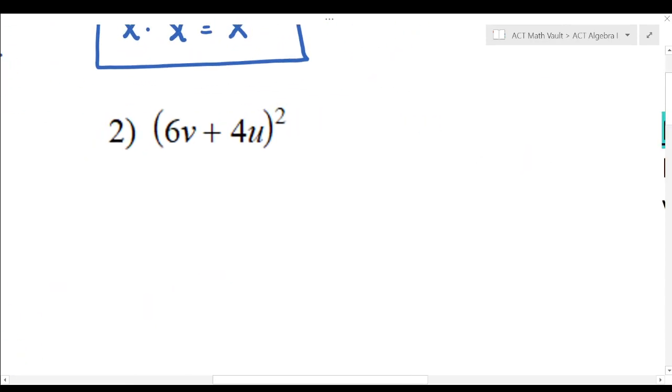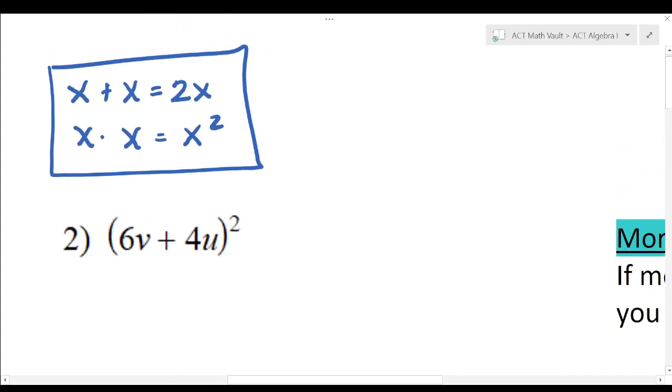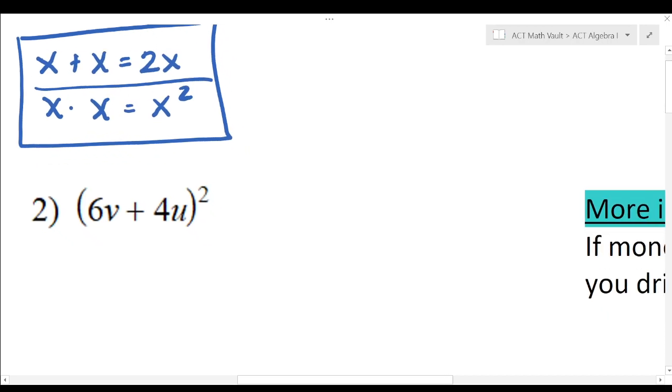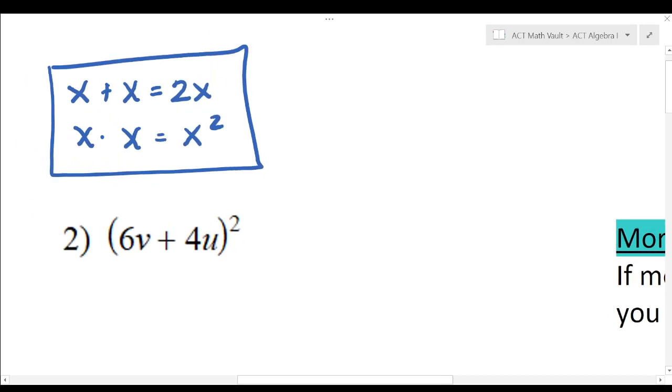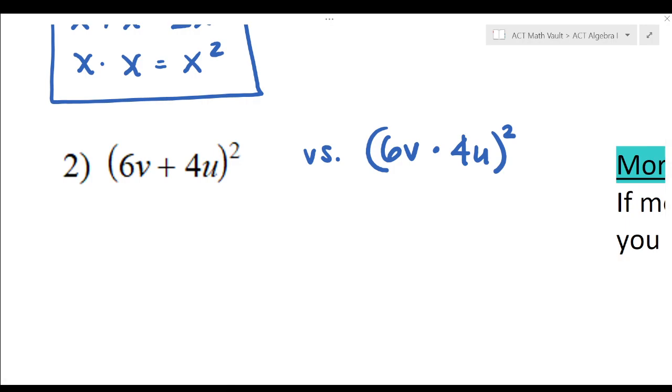Number 2, we have to think about something related to this adding versus multiplying concept. I want you to think of this problem versus something like 6v times 4u squared. A lot of students think that you can distribute the 2 there.